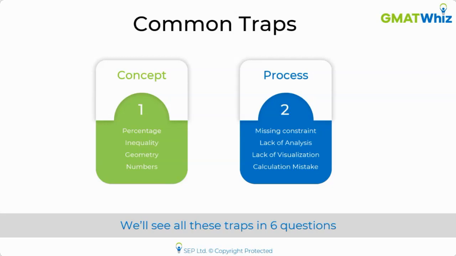It can be from any topic. The other one, and the bigger problem which people generally don't focus a lot on, is the process gaps, like missing the constraint, or lack of analysis, or lack of visualization. We will try and cover all these traps in the next 6 questions.